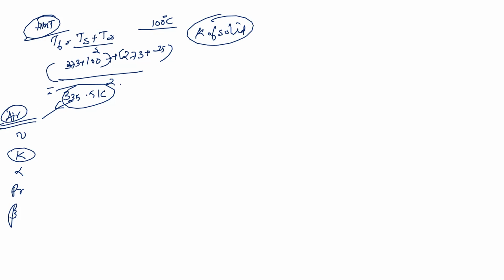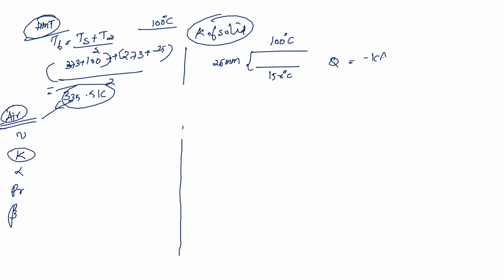So straight away, without going to convection, we can determine the thermal conductivity. The sample is here, 150 degrees Celsius here, 100 degrees Celsius here. This thickness is given to be 25 mm. So from Fourier's law, we know Q equal to minus K A delta T by delta X. Power is actually given in watts.